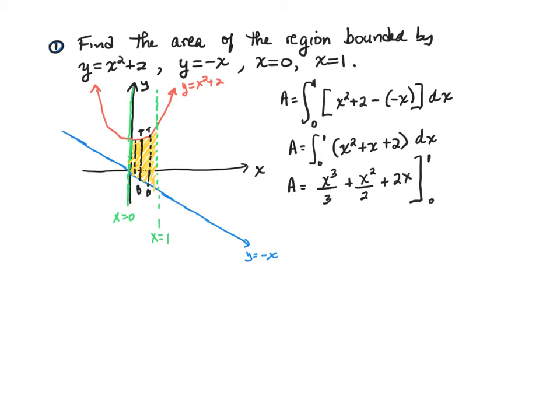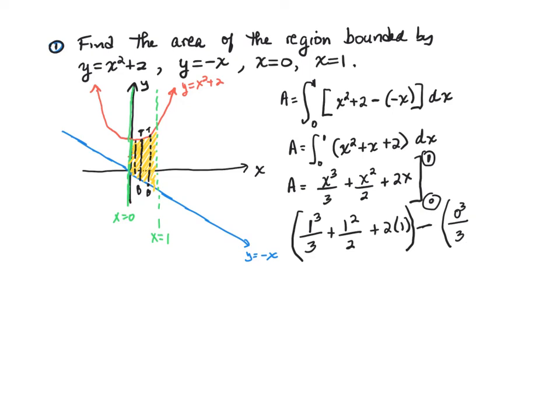And now we use the first fundamental theorem of calculus. And don't forget, with the first fundamental theorem of calculus, we substitute the upper limit first and then the lower. So this would be 1 cubed over 3 plus 1 squared over 2 plus 2 times 1. And again, put this in parentheses because this is the antiderivative at the upper limit minus the antiderivative at the lower limit.